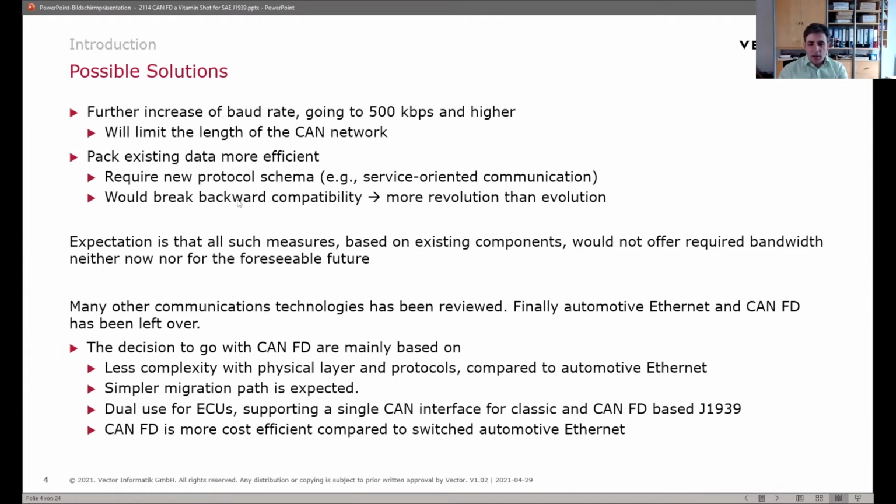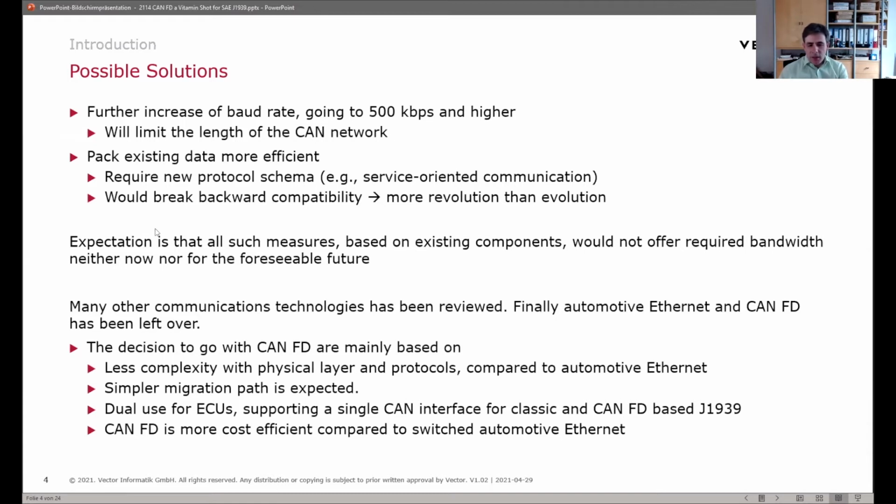And if we really tweak the protocol, that would certainly break backward compatibility, and then it is more revolution than evolution, and we will face a lot of other issues in the market. So all of those possible solutions we have discussed seriously are somehow critical. There's nothing for free.